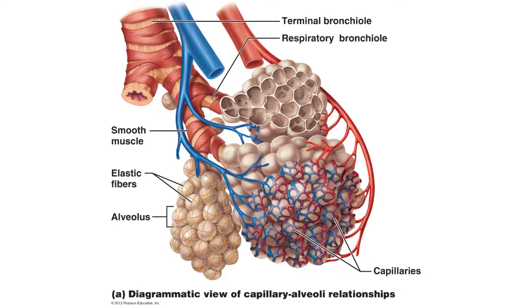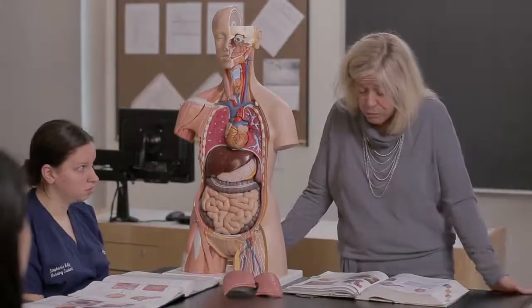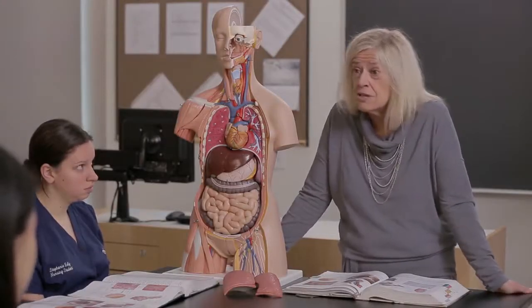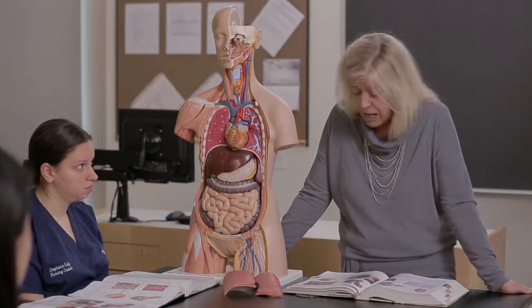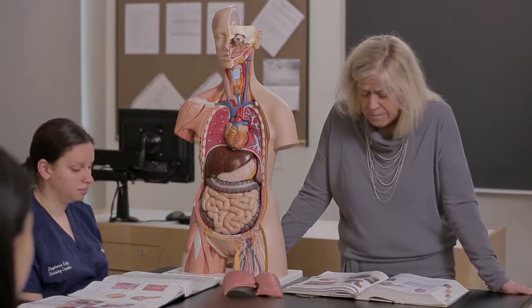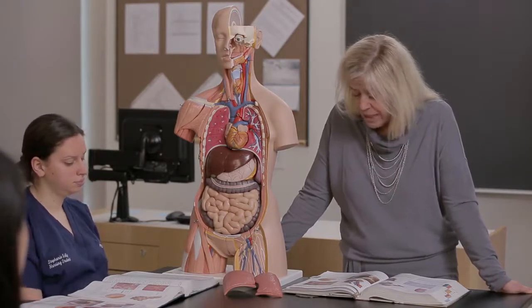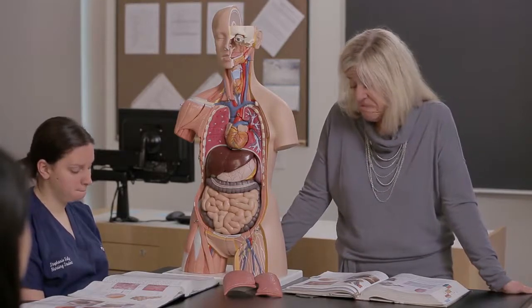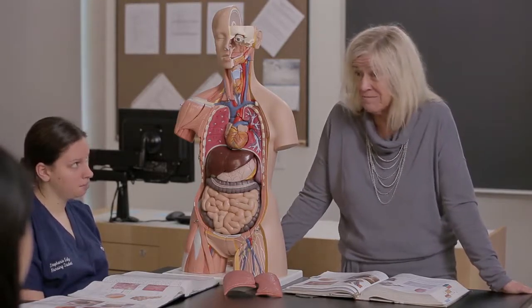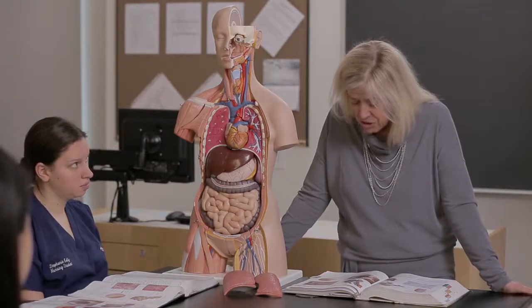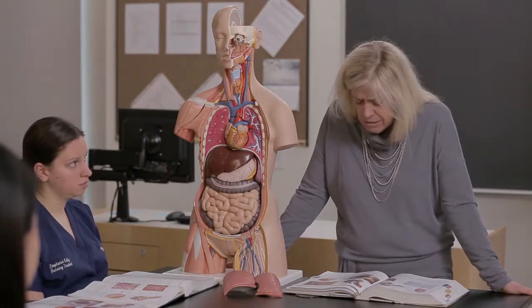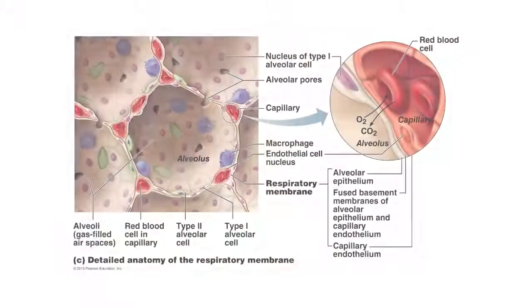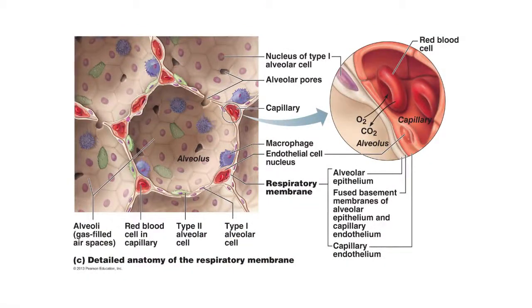Okay, so actually gases can move in either direction, either into or out of the blood. And each gas that we're going to be looking at today will actually move in a different direction when gas exchange occurs.